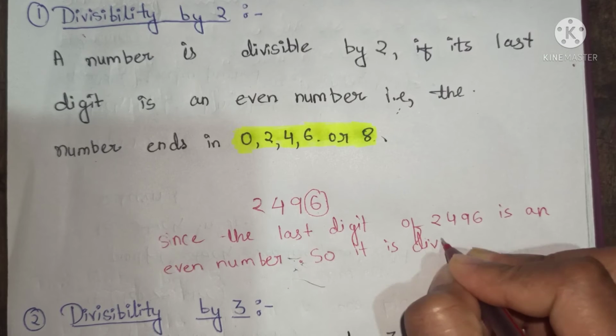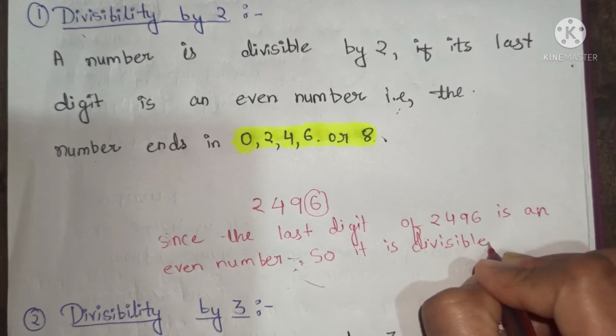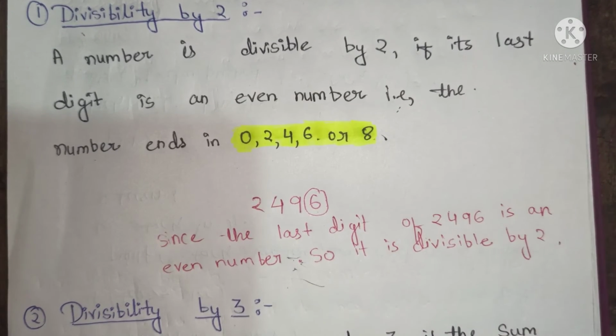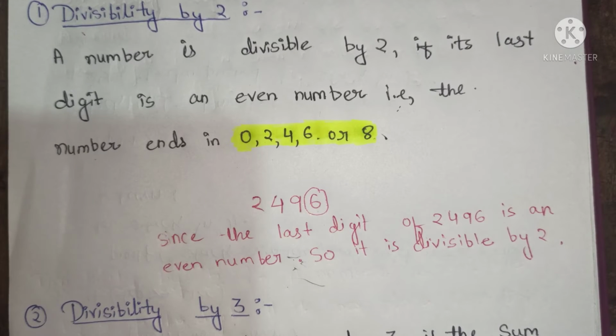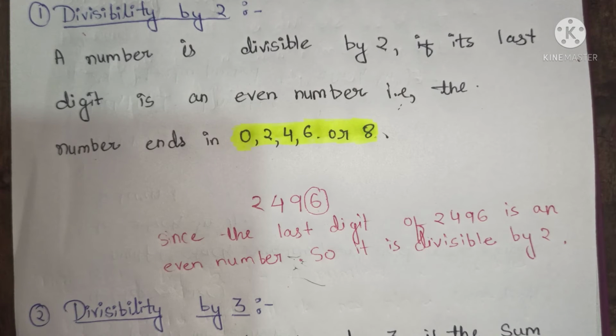Okay? So this is the way in which we can check any number whether it is divisible by 2 or not, by just looking at its last digit. So this was the rule for 2.